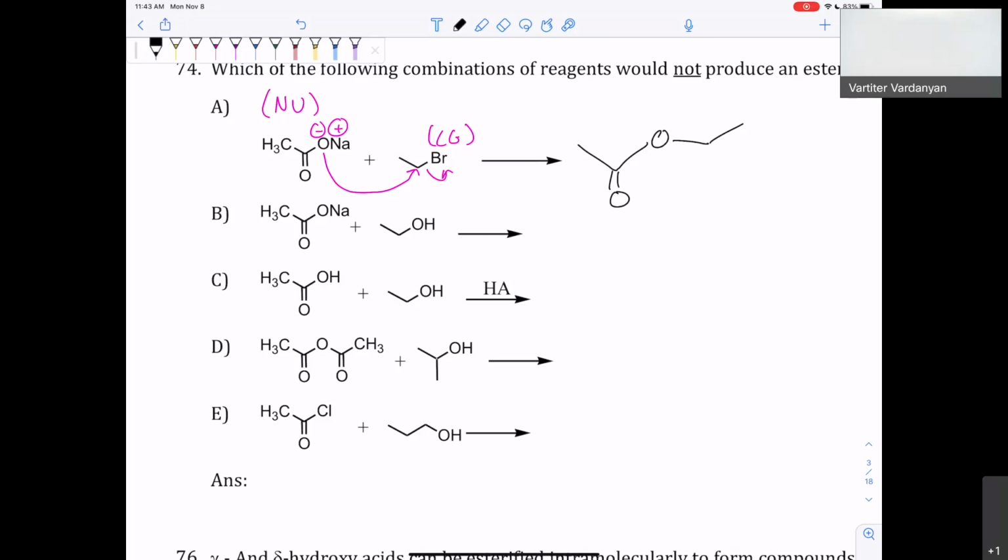Anyways, so for B, does anyone see a problem? OH, okay, cool. So we have OH, we have the minus. Why is that a problem? It's not a good leaving group, true. What else does that O on an alcohol tend to want to be?